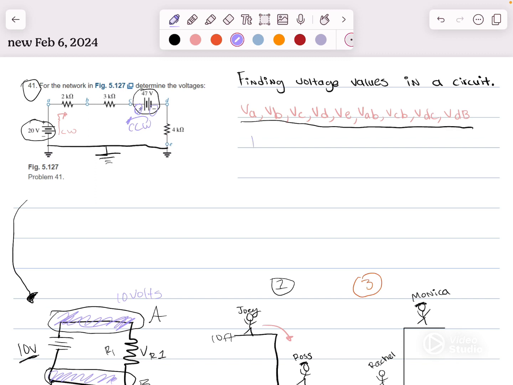Because of this, I'm thinking 47 volts counterclockwise minus 20 volts clockwise, and my result will be a 27 volt battery going counterclockwise. So I can go ahead and draw that in this space right here.